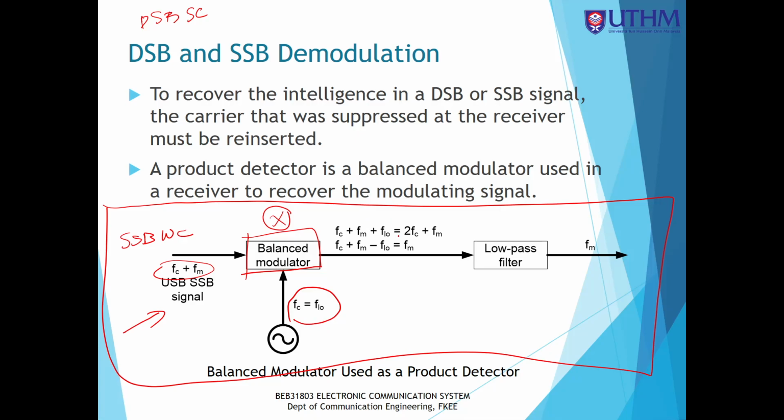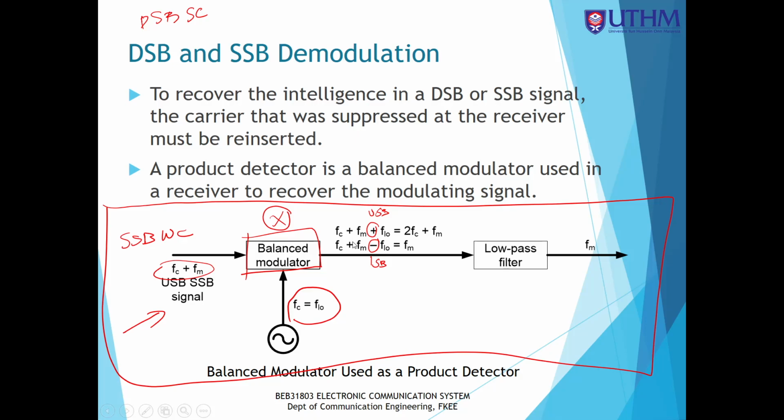So what happens is that it will produce an upper and a lower component. The upper component is plus, the lower component is minus. So FC plus FM plus FLO, or FC plus FM minus FLO. This is the USB, this is the LSB.